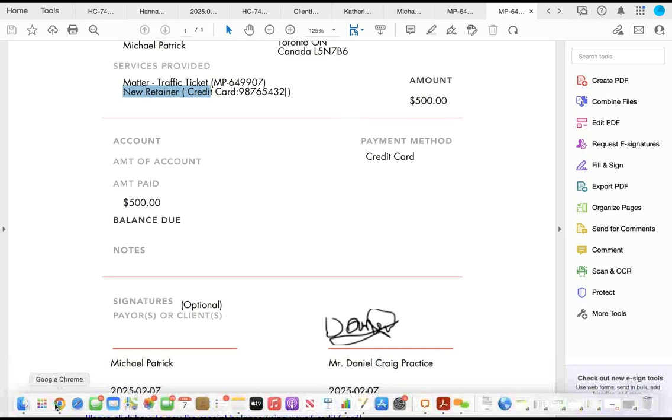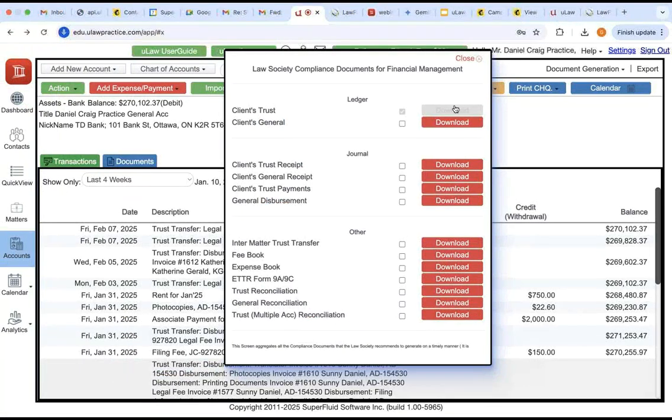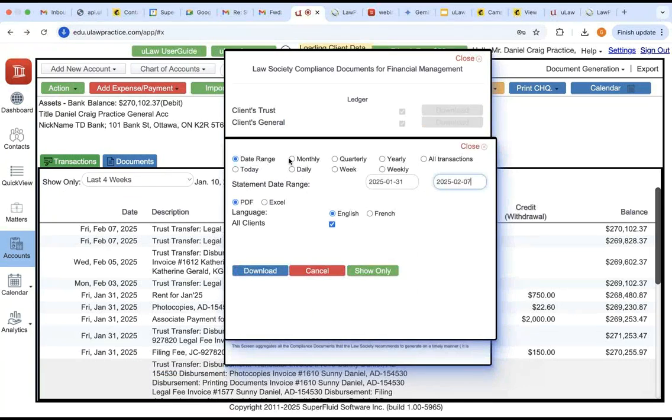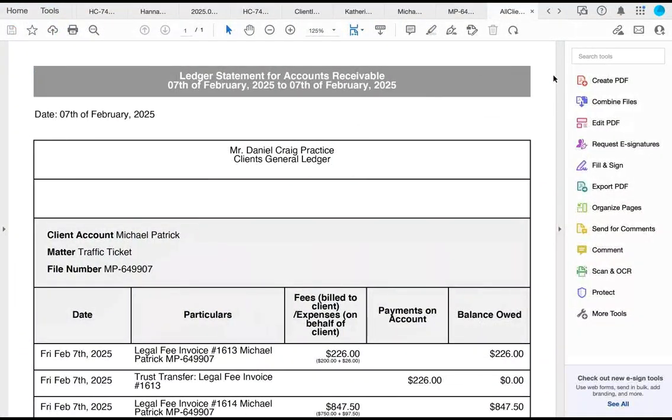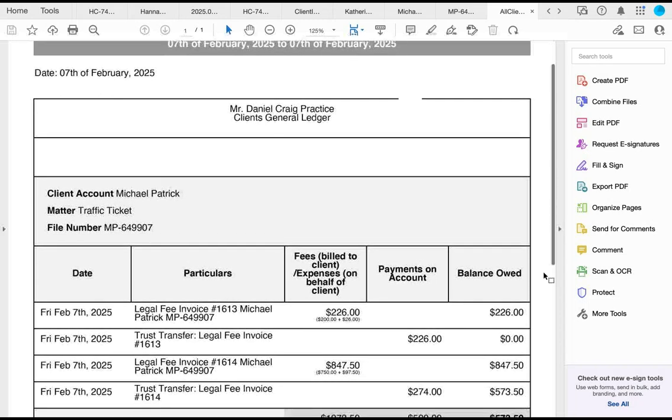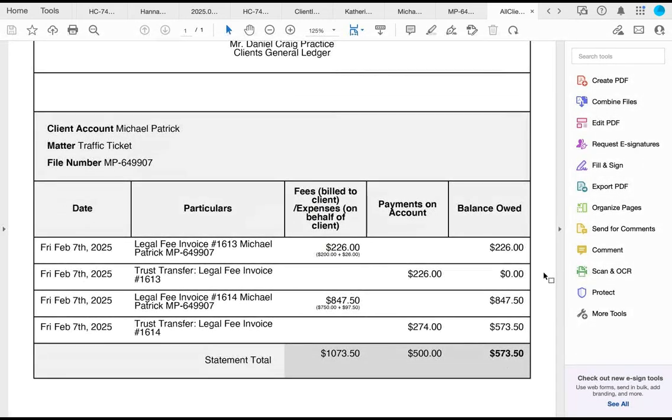Okay, so you go back in there, say download the client's general. So I have both client's trust and client's general now downloaded, and I'd like to show you all how it looks. This is my client's general account, shows all the legal fee that was raised with the transfer that was made from trust to general that I just made, and any other trust transfer.